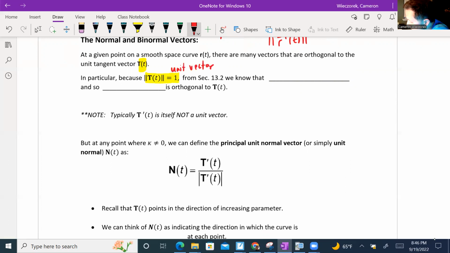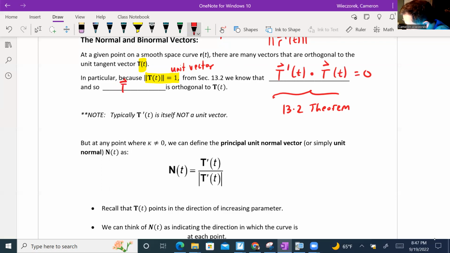What that tells me from my theorem, 13.2 theorem, you can go back and look at the notes if you need the specific statement that we did, is that T prime dotted with T is going to have to equal 0. So in other words, T prime of t is going to be orthogonal to T.